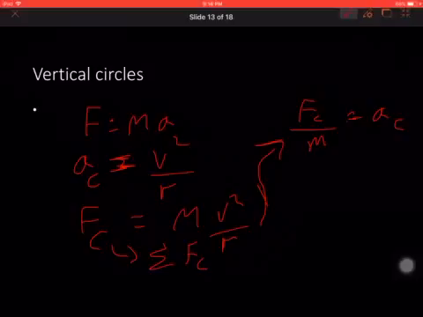And this setup is easier, in my opinion, while solving centripetal forces, or doing anything related to centripetal forces. I think this is pretty neat.